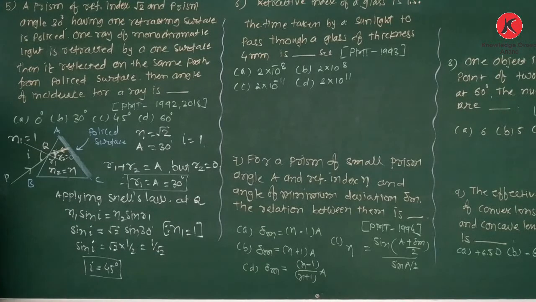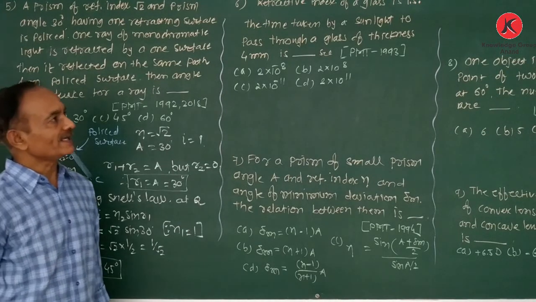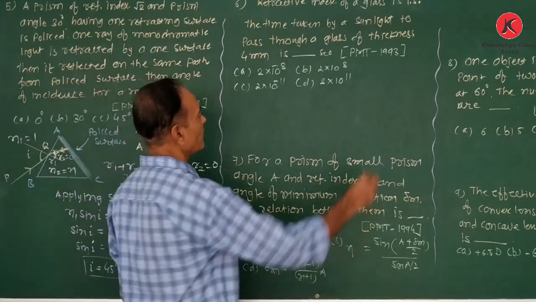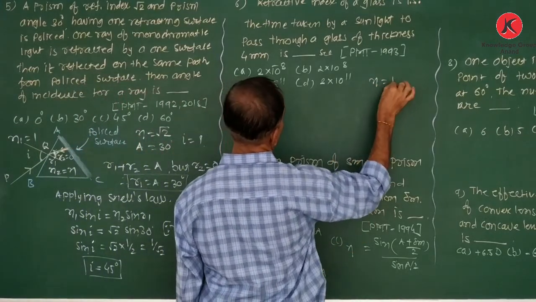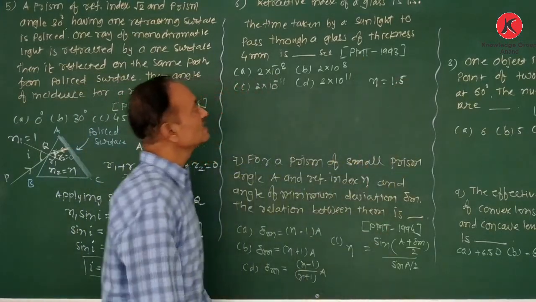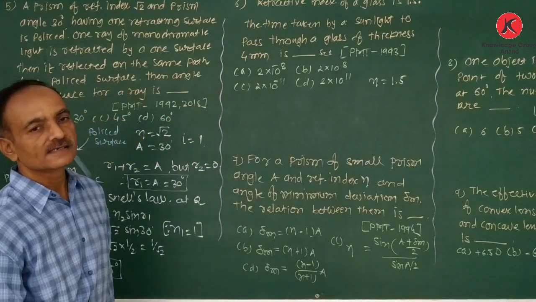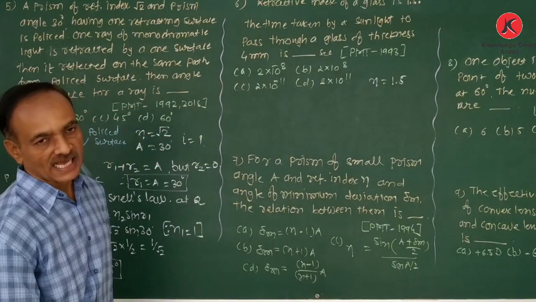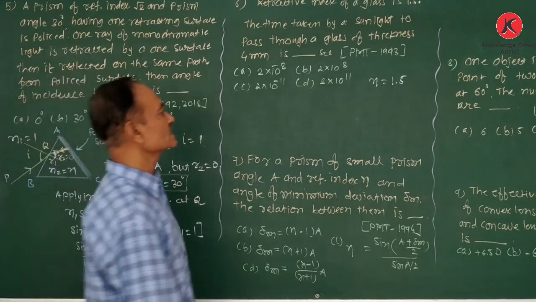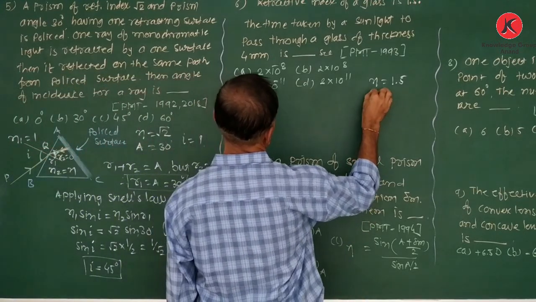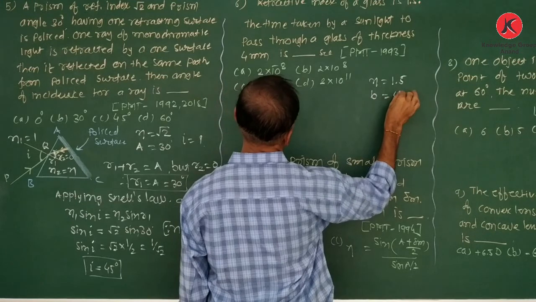Clear this? Okay. Now the next: the refractive index of glass is given as 1.5. n is given as 1.5 for glass. The sunlight passes through this glass of thickness b. b is 4 millimeter.